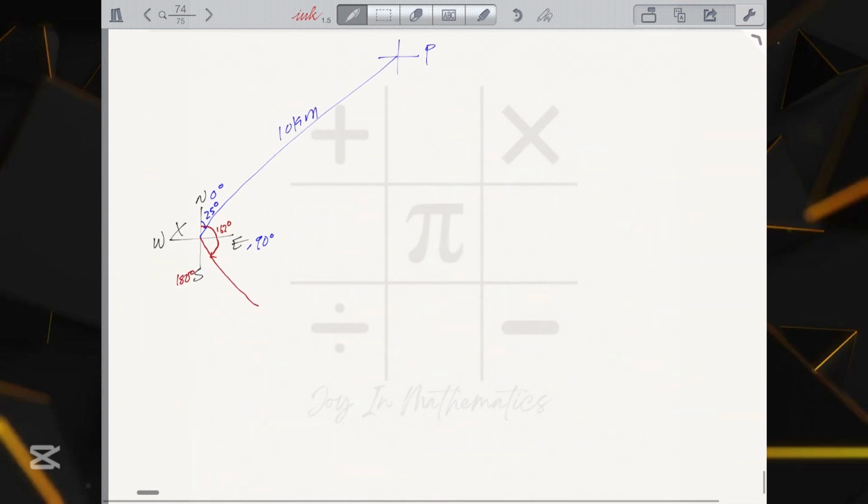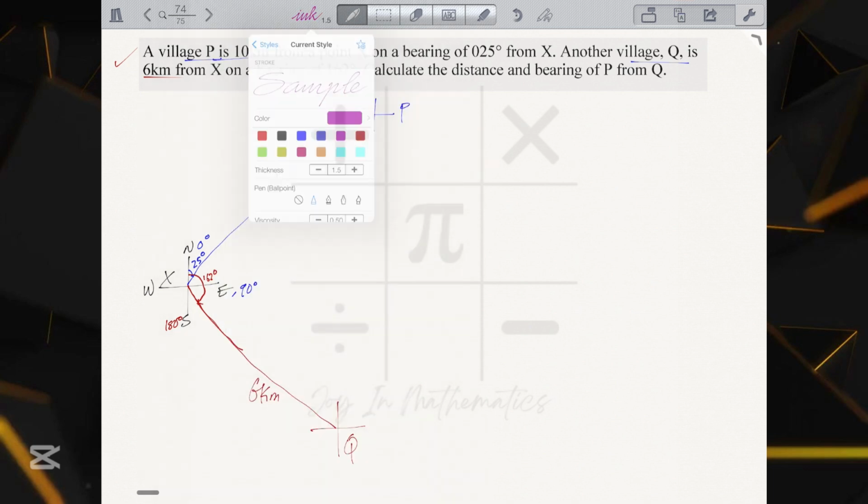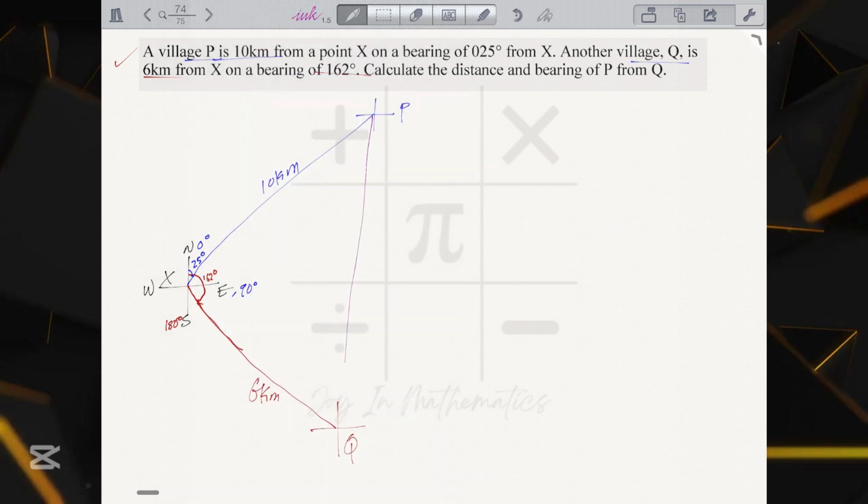So we have how many kilometers? 6 kilometers. Point Q, which is a distance of 6 kilometers from X, bearing of 162 degrees. Now the question, we can now complete the diagram.